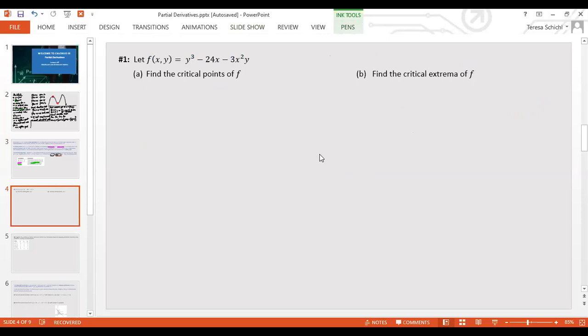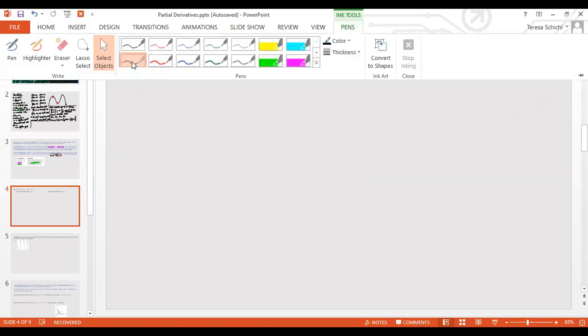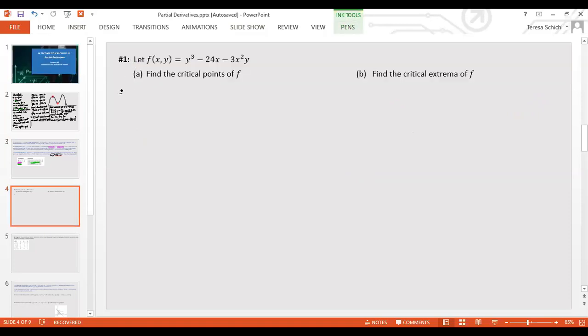Okay, now let's take a look at number 1 here. Find the critical points of f. Let's try this practice. We know the critical points come from the first derivatives, right? So fx is negative 24 minus 6xy, equal to 0. And fy, the partial derivative for y, is 3y squared minus 3x squared, equal to 0.